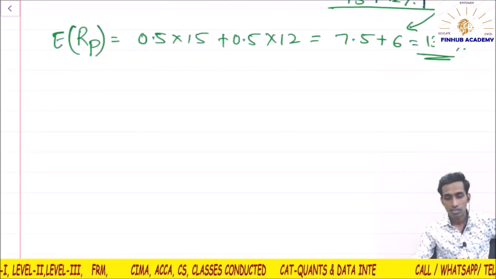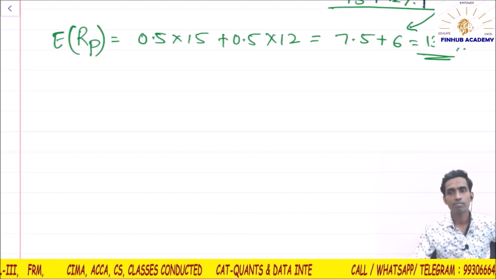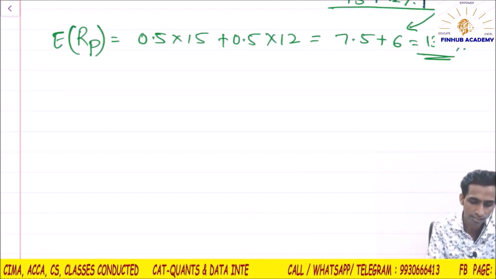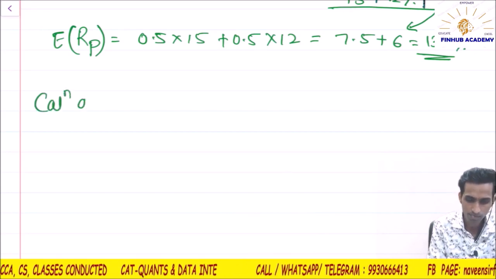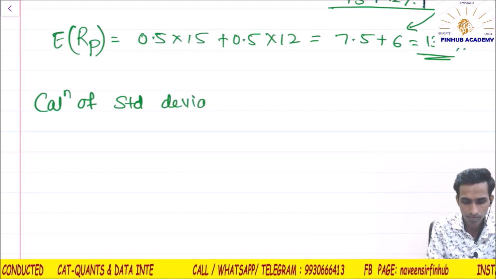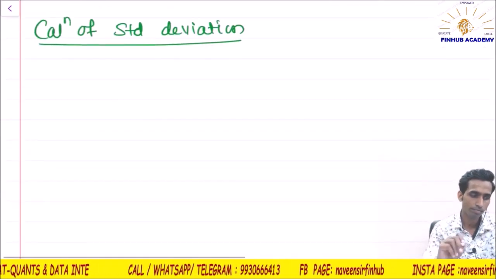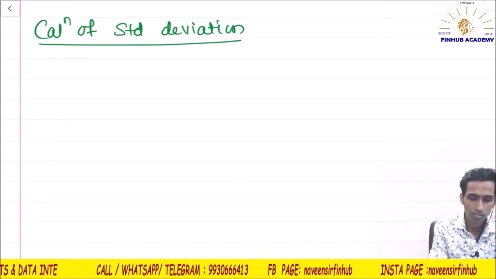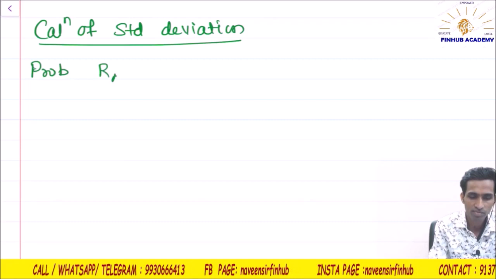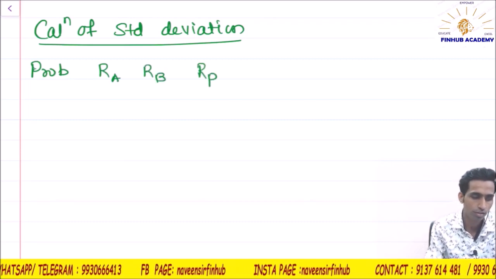So now, since we know this, they have also asked for standard deviation, na? Okay, fine. So let's do the calculation of standard deviation. Probability, return on A, return on B, and return on portfolio.